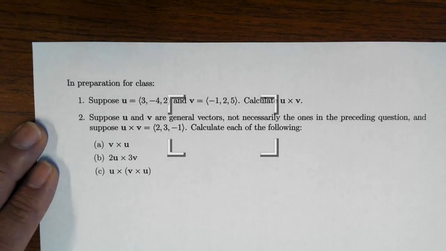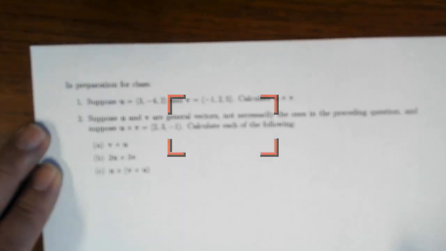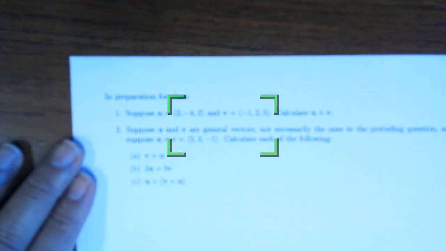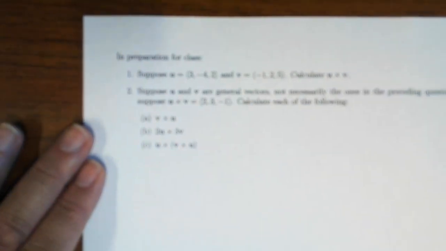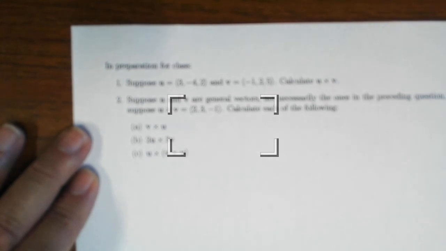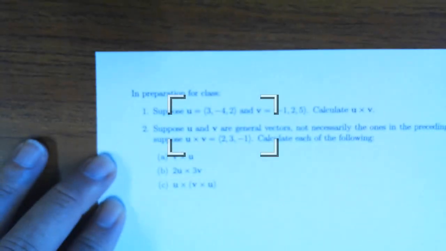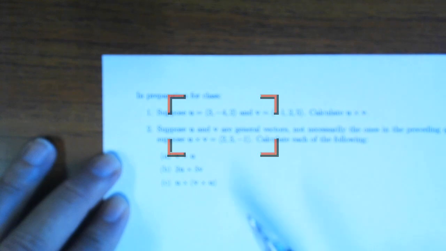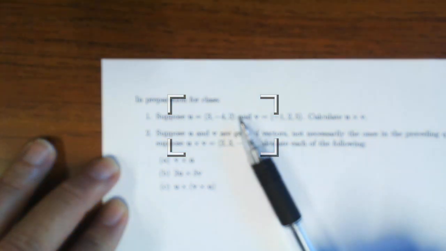So here are some problems for you to do in preparation for class. Suppose U is the vector <3, -4, 2>.